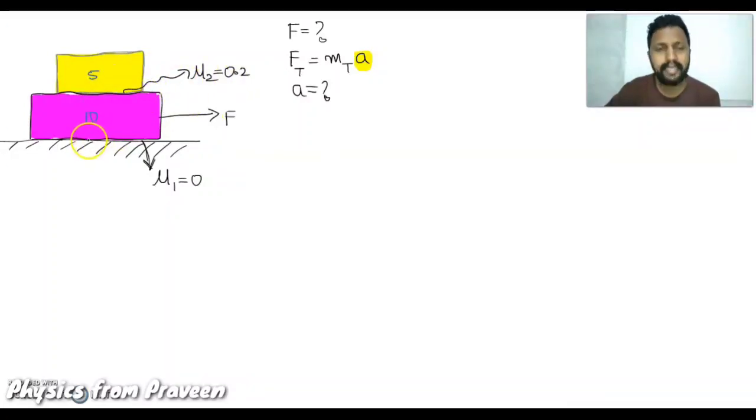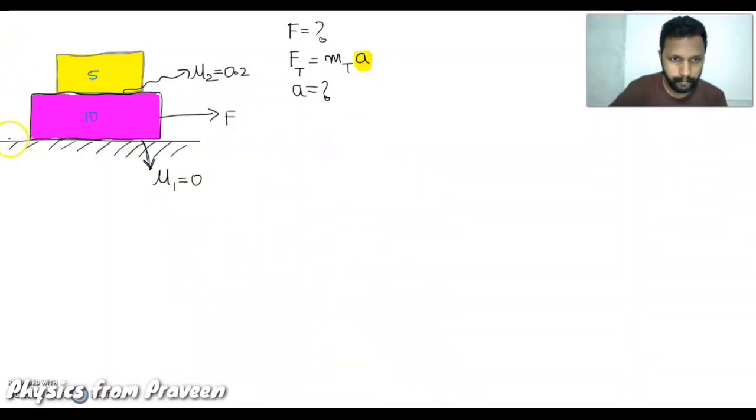Then we have to analyze the frictional force. Here the coefficient of static friction is 0.2, and for the ground, the coefficient of static friction is 0. Therefore, we have to find the frictional force acting.